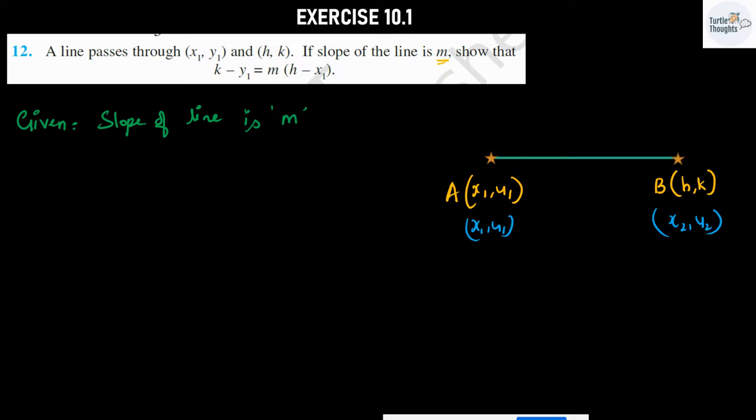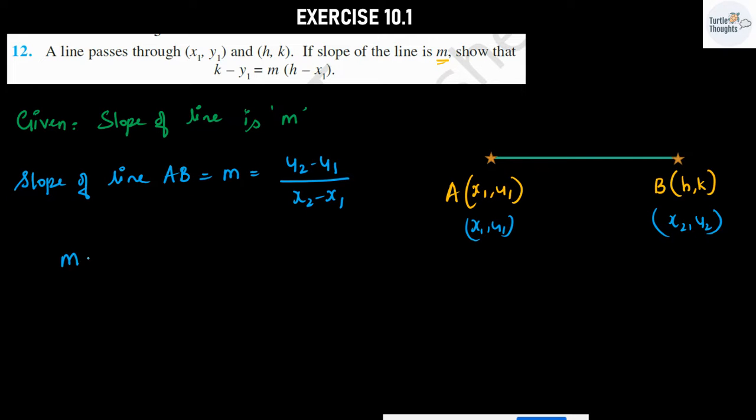Now if I have 2 points (x1, y1) and (x2, y2), right, then what will be the slope of the line? I can write that the slope of line AB, which is given as m, is equal to y2 minus y1 divided by x2 minus x1.